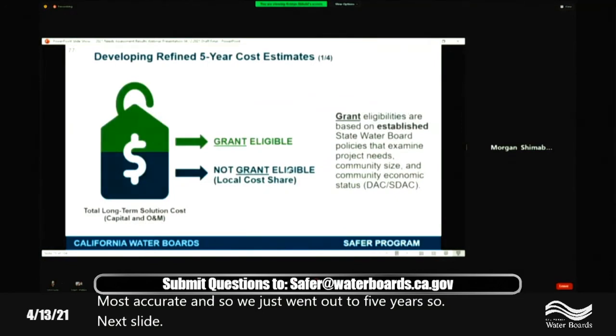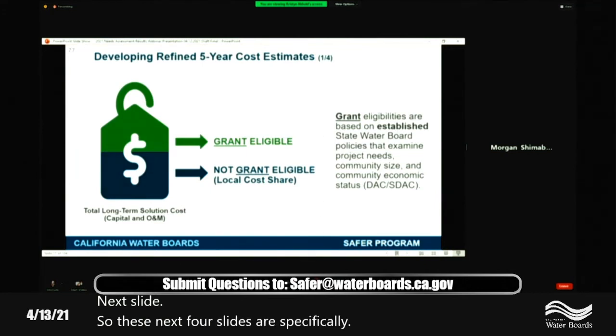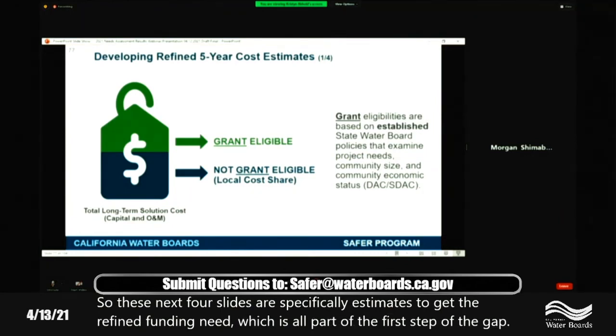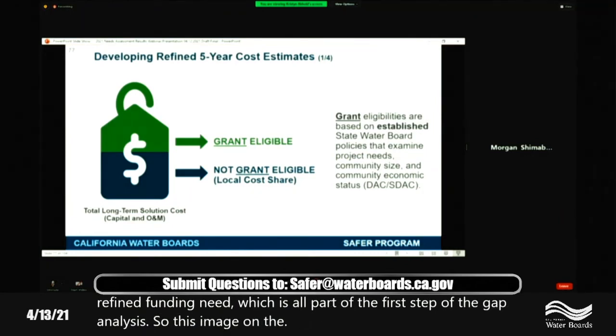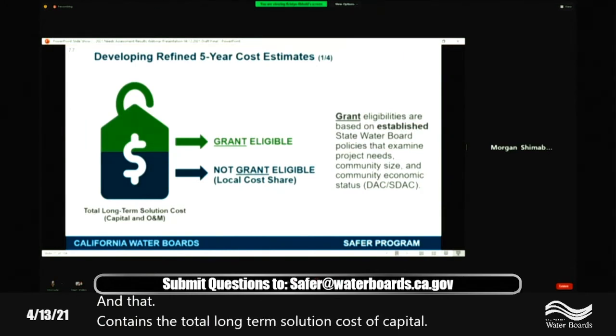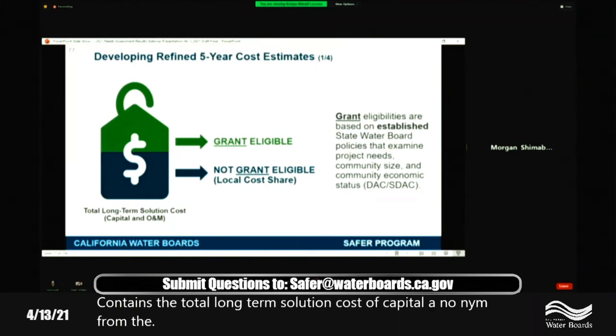So these next 4 slides are specifically estimates to get the refined funding need, which is all part of the first step of the gap analysis. So this image on the left is supposed to represent a price tag, and that contains the total long-term solution costs, both capital and O&M, from the cost assessment model. So these are all the model costs.